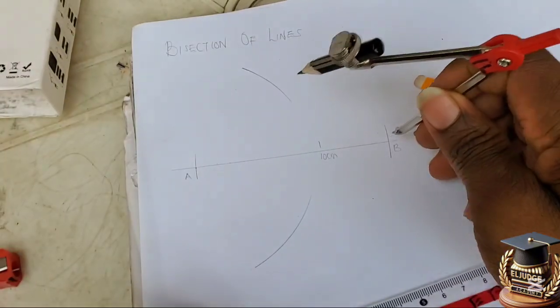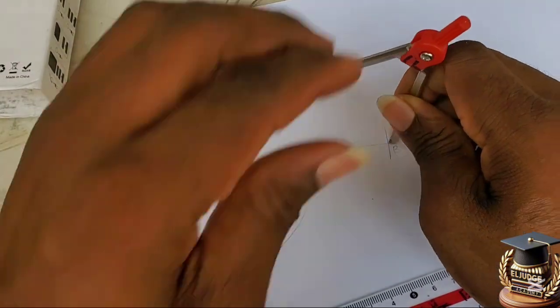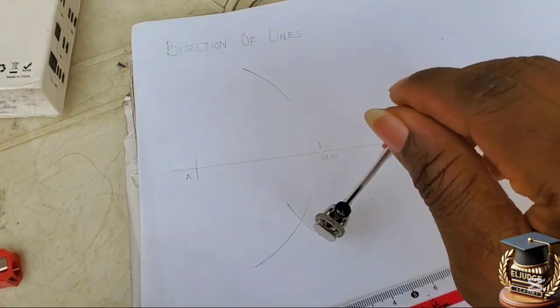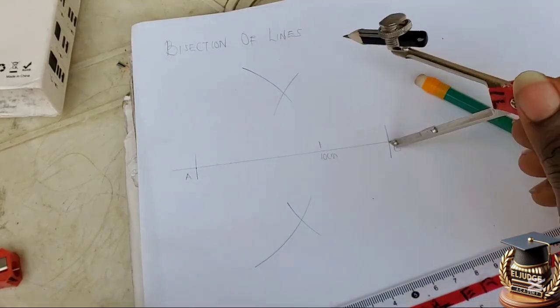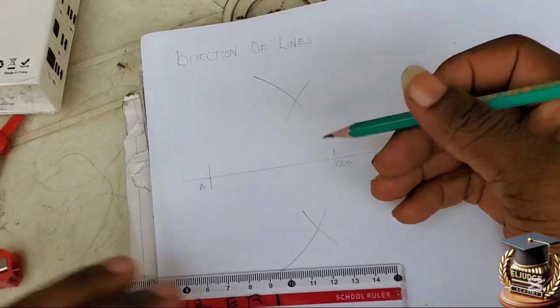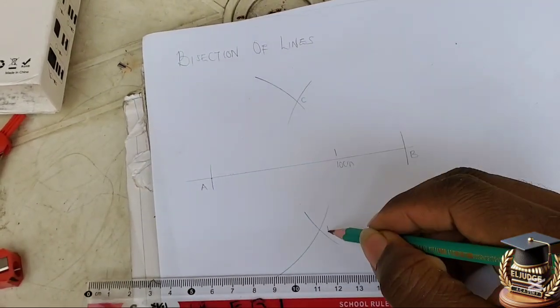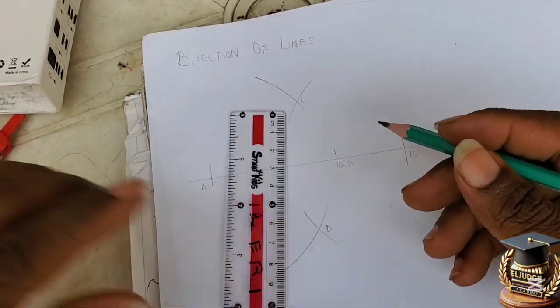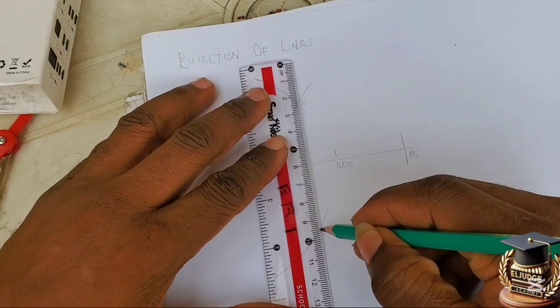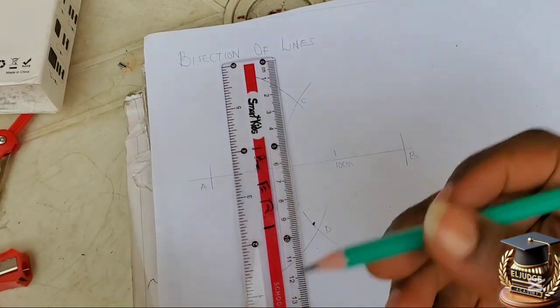Then with center B, you cut an arc above and below. And you label these points C and D. Then you join point C and point D.